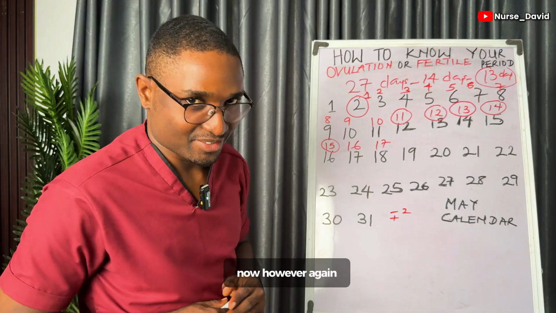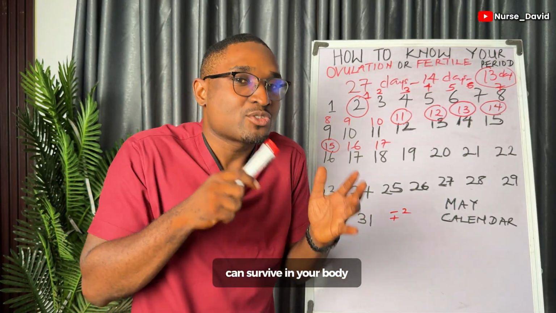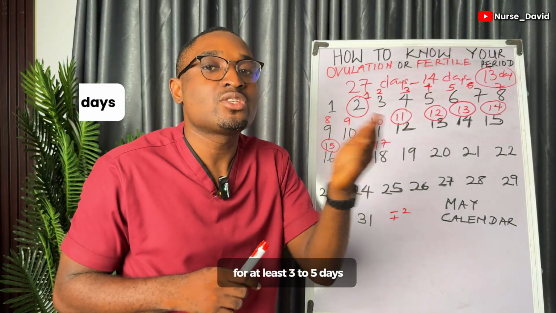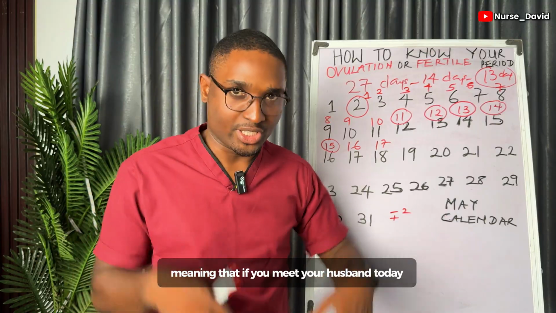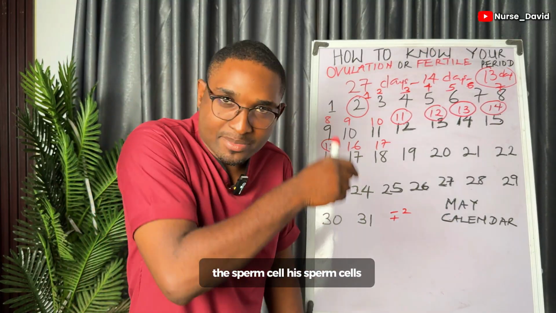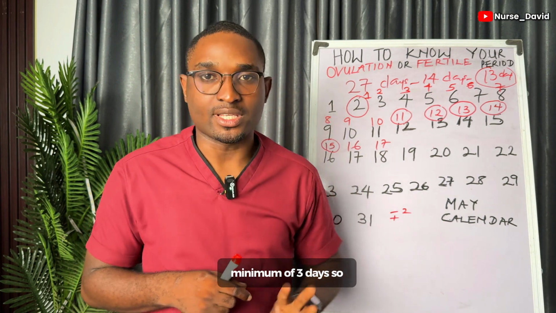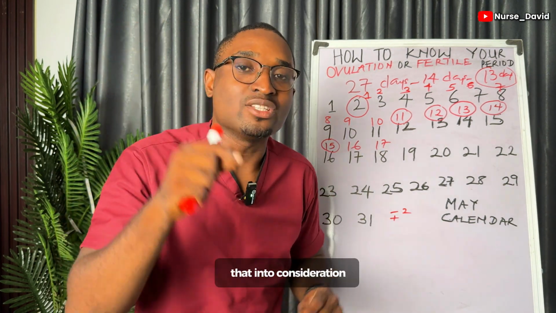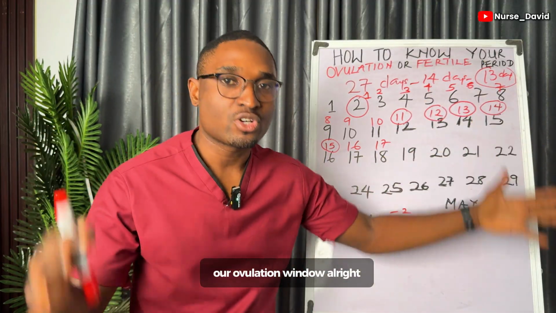Now, however, again, your husband's sperm cell can survive in your body for at least 3 to 5 days after intercourse. Meaning that if you meet your husband today, his sperm cells can still be in your body for at least 3 days, minimum of 3 days. So we also want to take that into consideration in order to know our fertile period, our ovulation window.